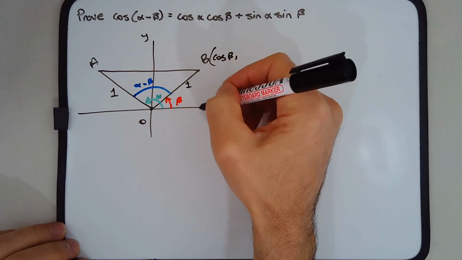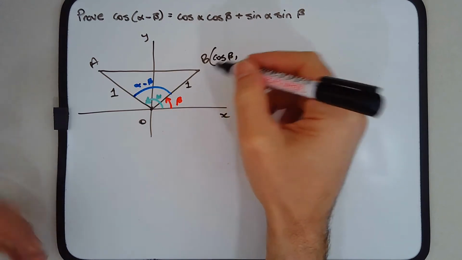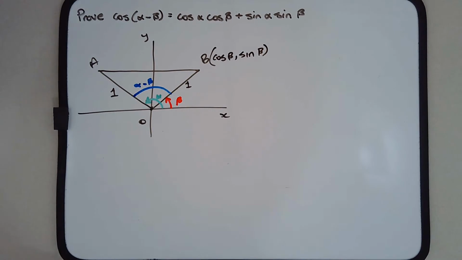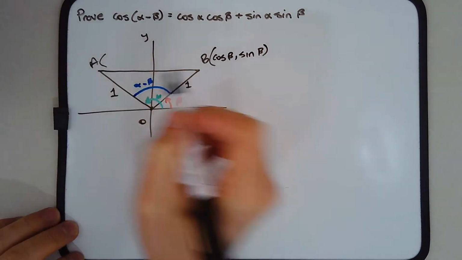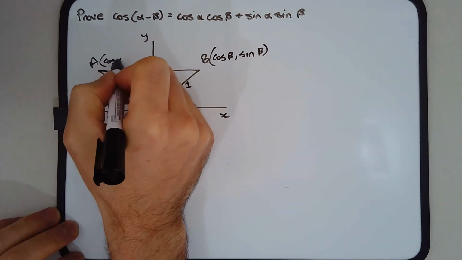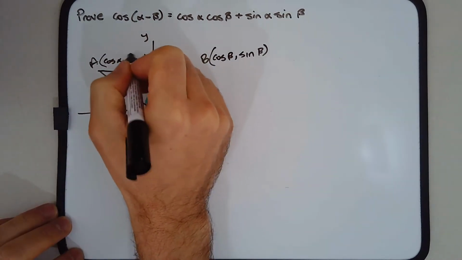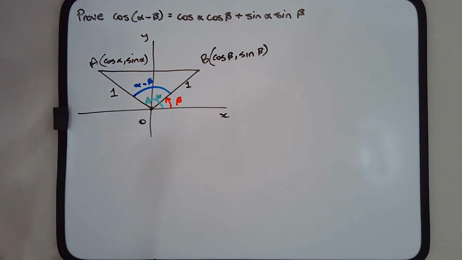And the opposite side, the y coordinate of B, would be sine of beta. And likewise for point A, its coordinates would be (cos alpha, sine alpha). So now we have what we need to set the algebraic part of this proof up.